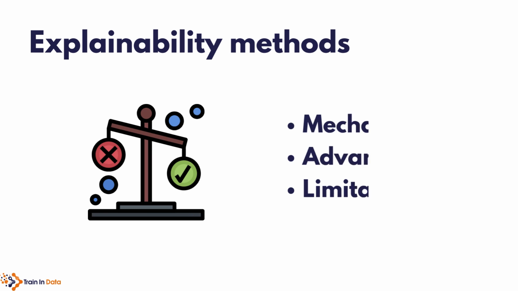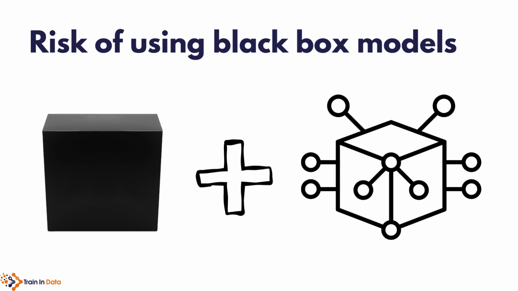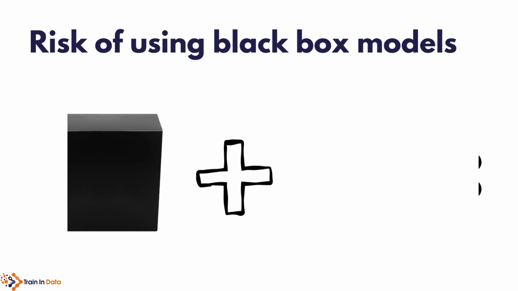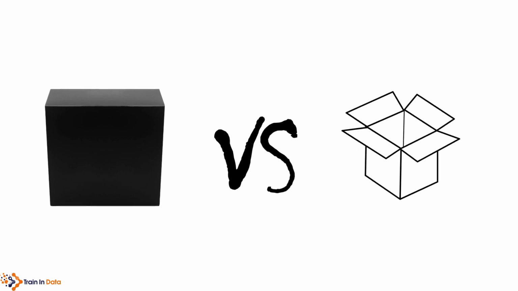We will explain what the methods are and what their advantages and limitations are. We will dwell deeper on the trade-offs and risks of using black box models followed by post-hoc interpretations, so you can be well placed to decide if you and your organization want to run those risks.